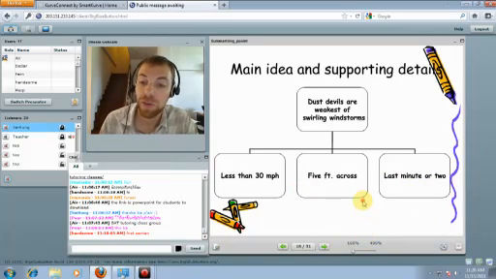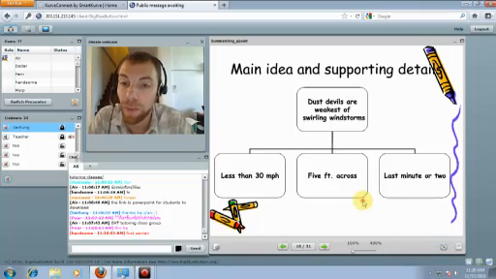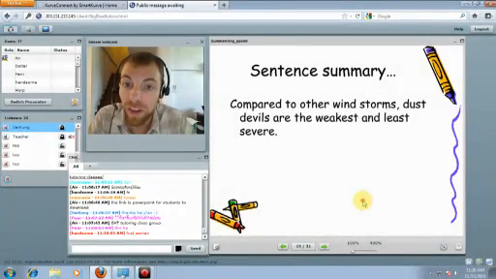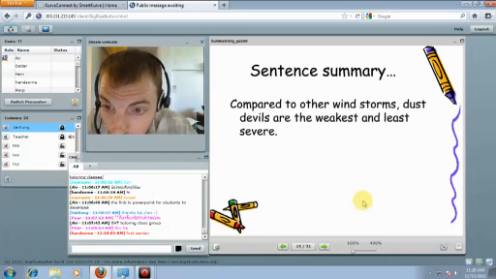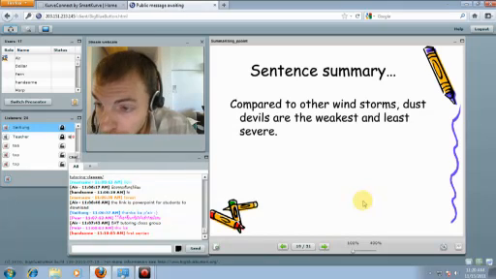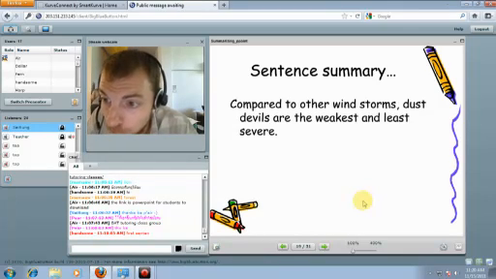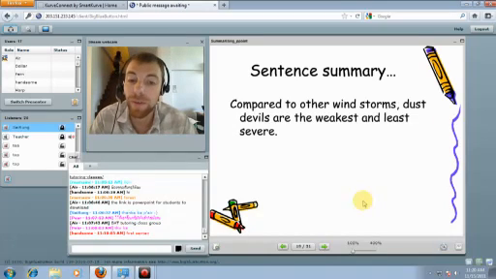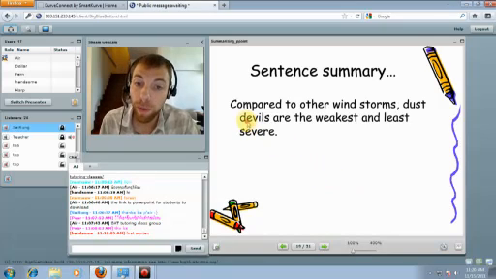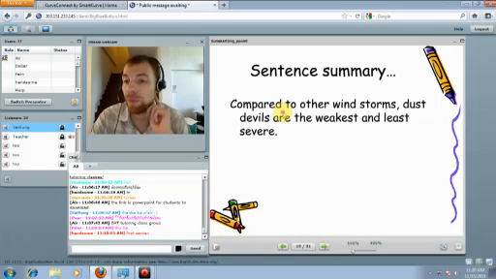Now, let's make this into one sentence about dust devils. Here it is, the sentence summary. Compared to other windstorms, dust devils are the weakest and least severe. So, it's important to remember we are comparing them to other storms.